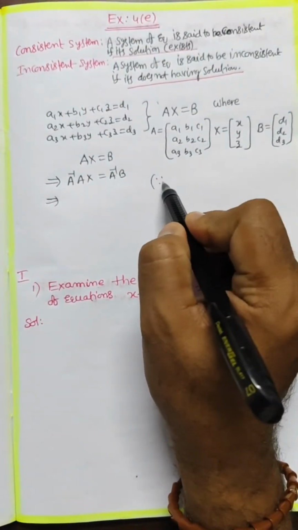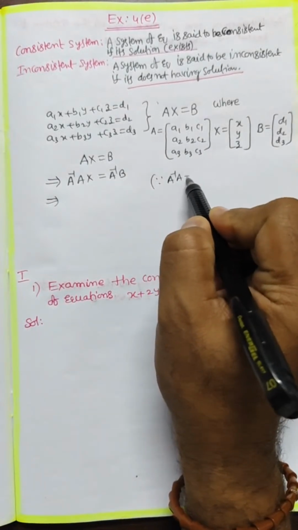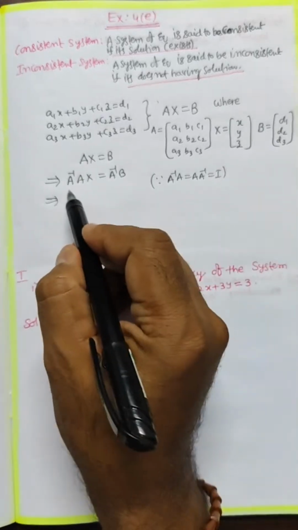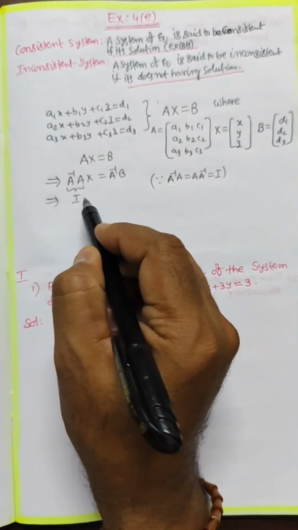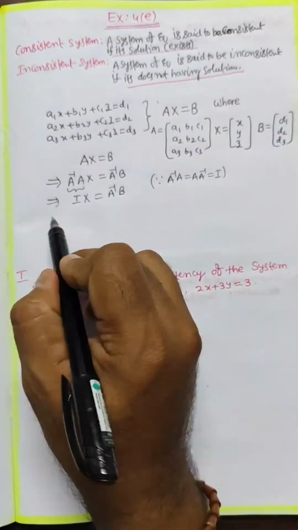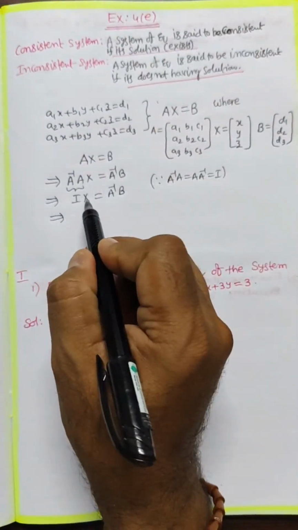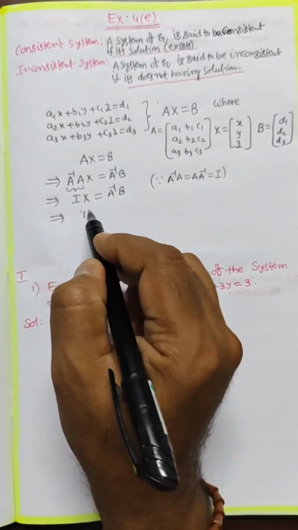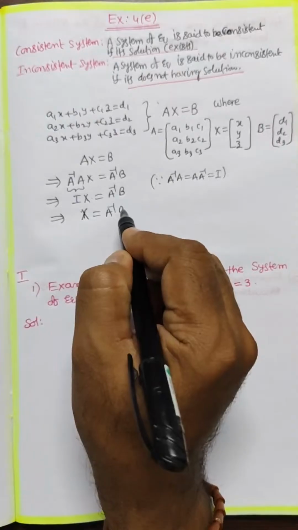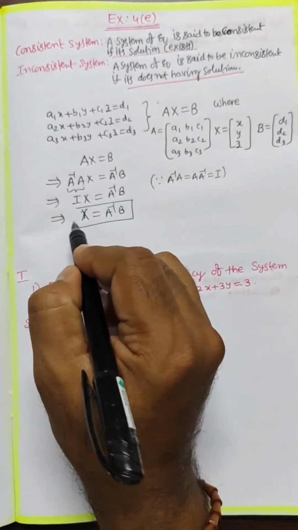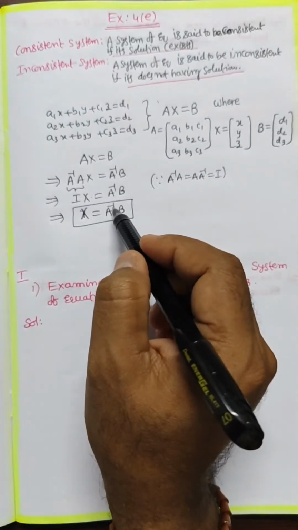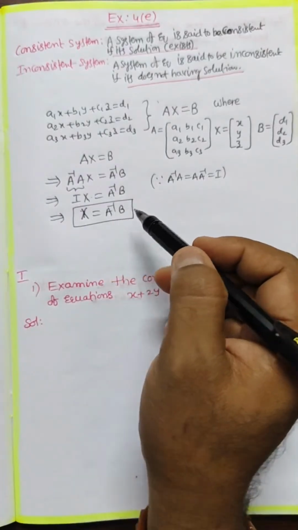We have the formula A inverse into A equal to A into A inverse equal to identity matrix. So I into X is equal to A inverse B. Identity matrix into a matrix is the same matrix, so X equal to A inverse B. X is called the solution matrix.